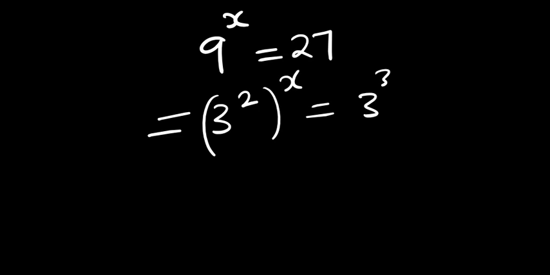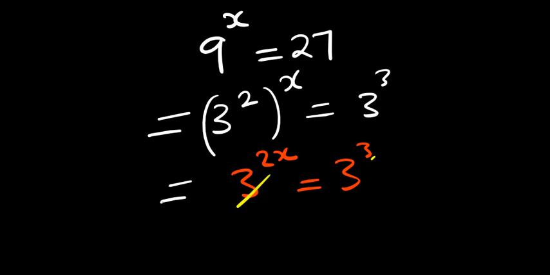Now, what did we say when you have a number outside and you have a power? Multiply the powers. So therefore on my left hand side, I'm going to have 3 to the power 2x, is equal to 3 to the power 3 on the other side. Now that I've got this, I'm going to cancel the bases because they are the same. Then I'm going to equate the powers.